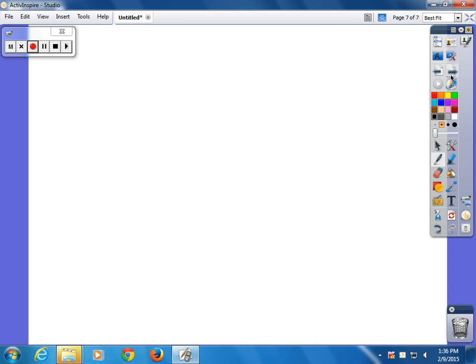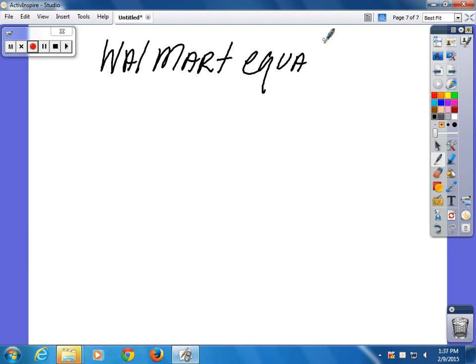All right, Walmart equation. This is something I came up with a long time ago. Everybody uses it. You just don't know it. Because everybody has gone into a store with $5 or $10 in their pocket.